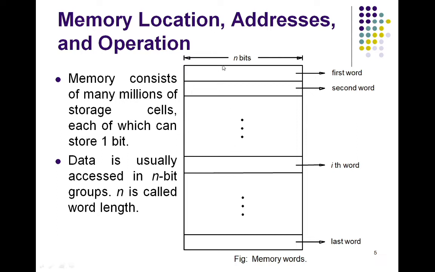As you can see here, n bits, n is nothing but the word length. So these horizontal rows are nothing but the words. The first horizontal row is the first word, the second row is the second word, the third row is the third word. So each row indicates a word of information, where n indicates the word length.